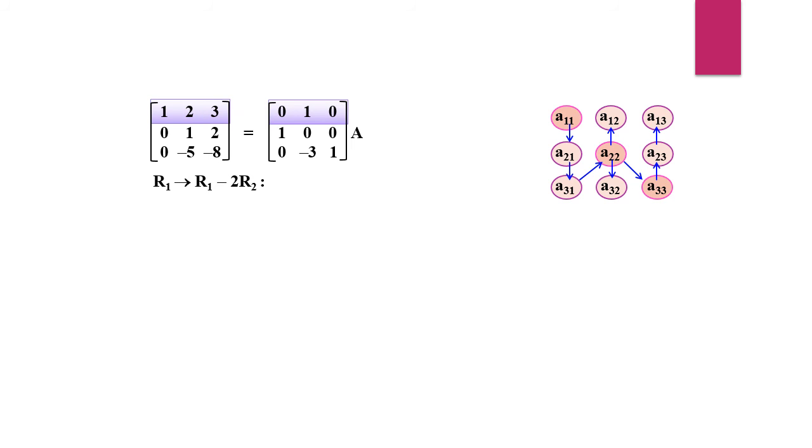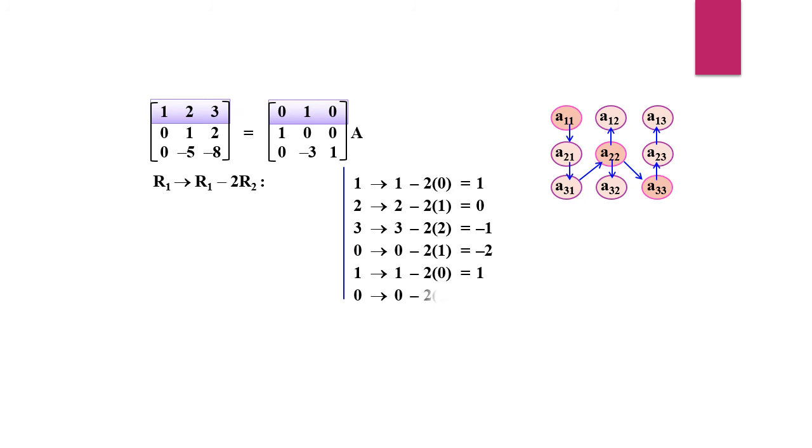So we apply the property R1 implies R1 minus 2 R2. The first element of R1 minus 2 into the first element of R2, we get 1. Next, the second element of R1 minus 2 times the second element of R2, we get 0. Next, the third element of R1 minus 2 into the third element of R2, we get minus 1.